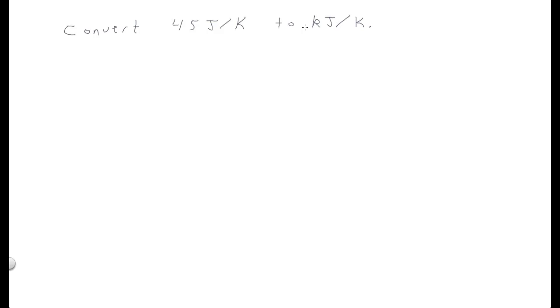Here's another problem. You want to convert 45 joules per Kelvin into kilojoules per Kelvin. How would you do this?